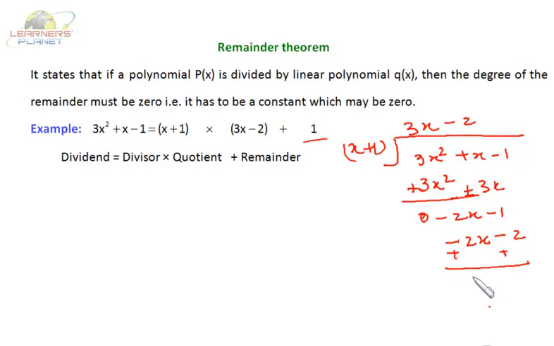So finally I'm getting 1 as a remainder. That means the dividend is equal to divisor into quotient plus remainder. So here I am getting the remainder as 1.